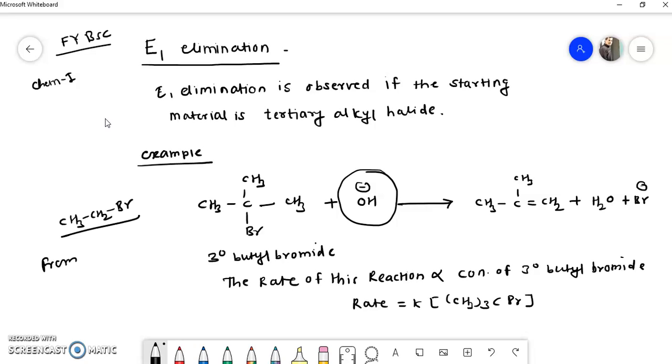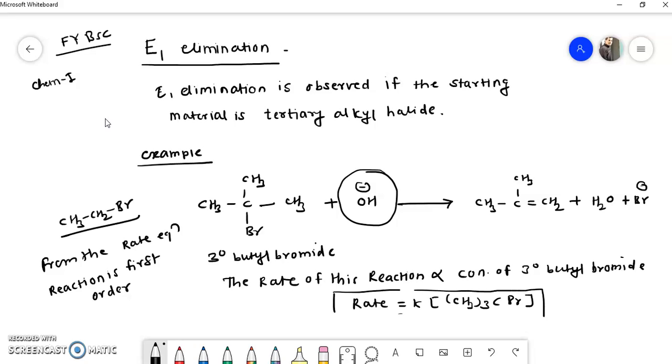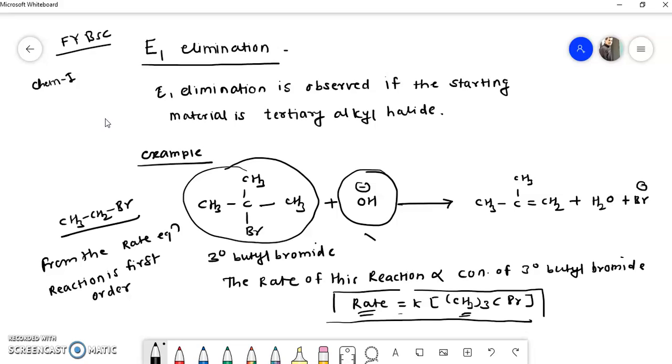Why is it first order? You see from this rate equation that the rate of this reaction depends only upon the concentration of tertiary butyl bromide and does not depend upon the concentration of base.